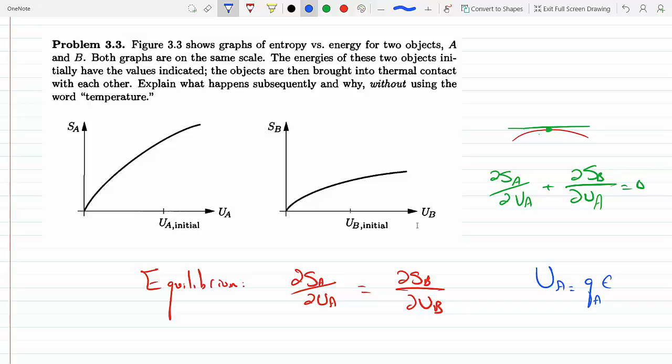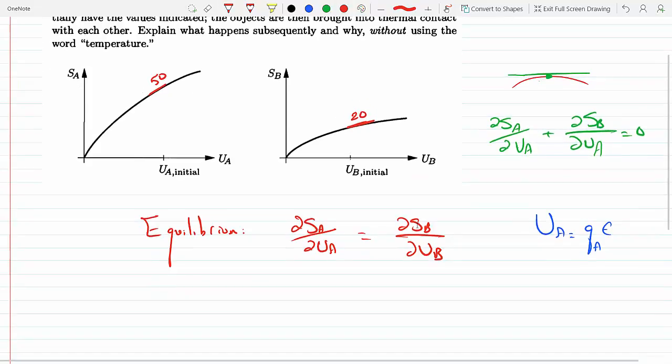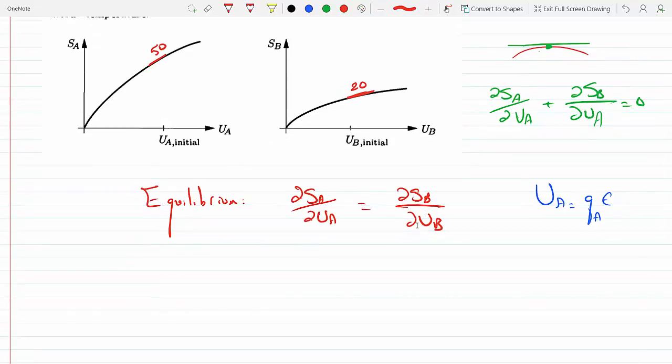Now if we look at both of these graphs, we can see that the slope here is much steeper than the slope here. For example, if this had a slope of 50, this maybe has a slope of 20 or less. So what the second law tells us is that the energy will always tend to flow into the object with the steeper S versus U graph, and out of the object with the shallower S versus U graph.